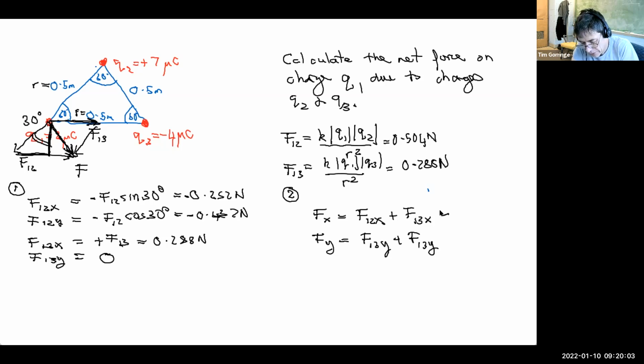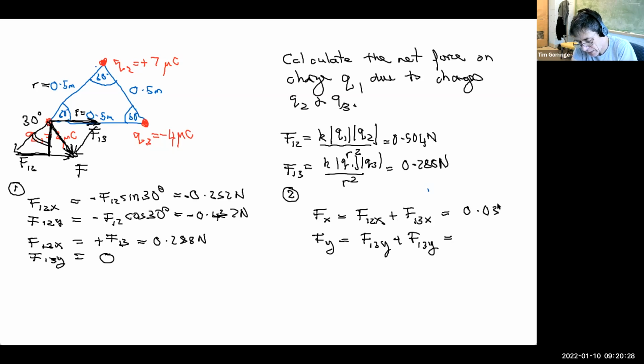And so if we fill in the numbers and calculate the x and y components of the resulting force, for the x component, I'm going to get 0.25 newtons minus 0.25 newtons plus 0.288 newtons. That comes out to be, they almost cancel out, but not quite.